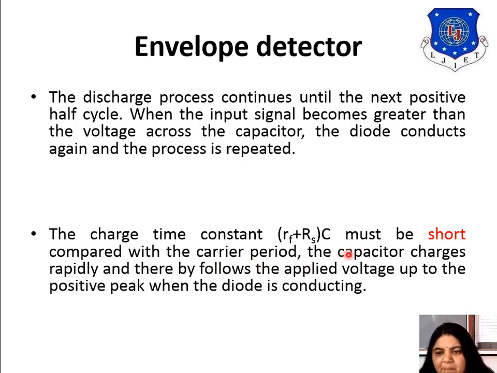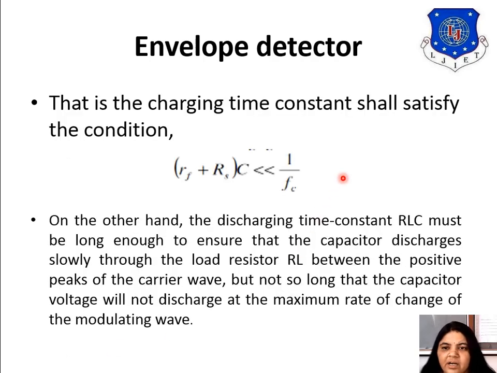So the capacitor charges rapidly and thereby follows the applied voltage up to the positive peak when the diode is conducting.